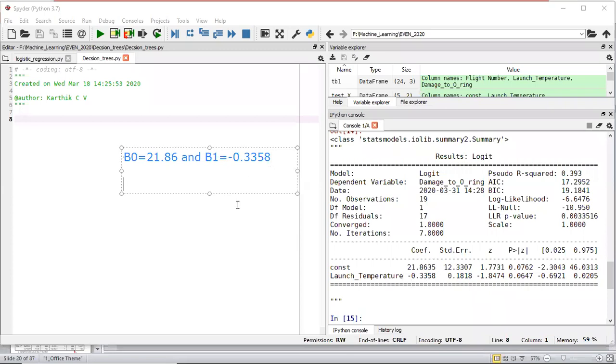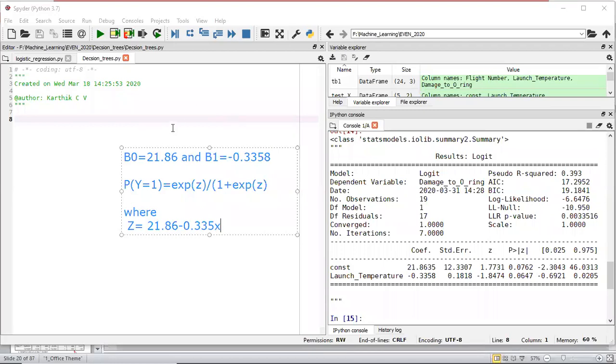Now if I want to write the output equation for this, we can write it as P, the probability of Y equal to 1, equal to exponential of Z divided by 1 plus exponential of Z, where my Z value equals beta naught, 21.86, plus beta 1, minus 0.335, into X, the damage to the O-ring.